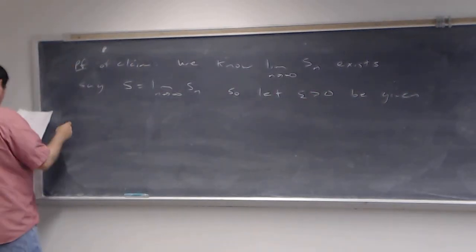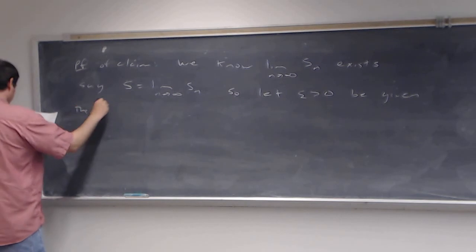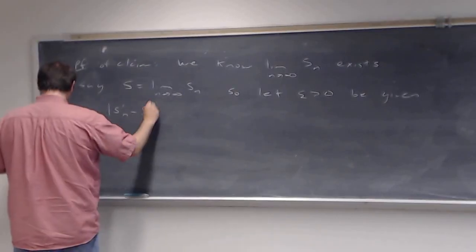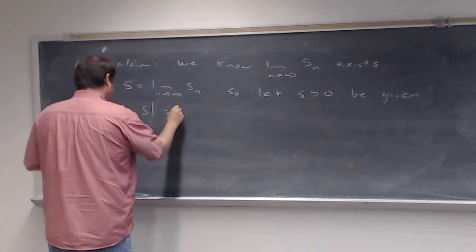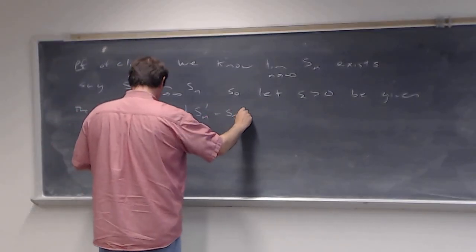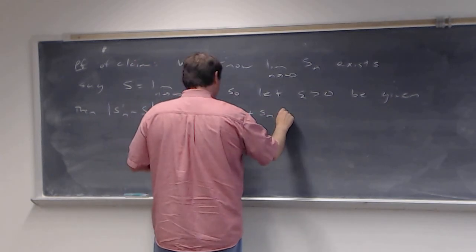Then we know that the norm of S prime sub n minus s is equal to the norm of S prime sub n minus S of n plus S of n minus s.